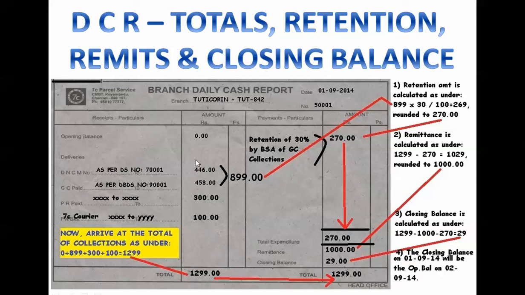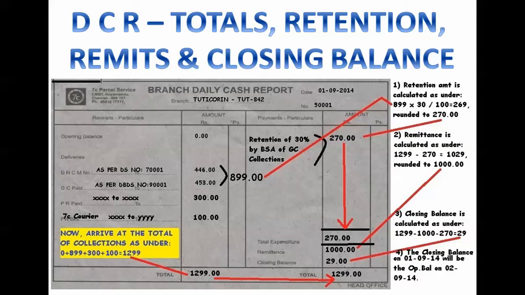The total of all these things: the balance here is 0, 899 is the GC bookings collections, 300 rupees is the PR paid bookings, and 100 rupees is 7C courier bookings, totaling to 1299. 1299 will be the total on the left side of the DCR, that is the receipt side of the DCR, and this has to be transferred to the right side of the DCR, that is the payments column, total 1299.